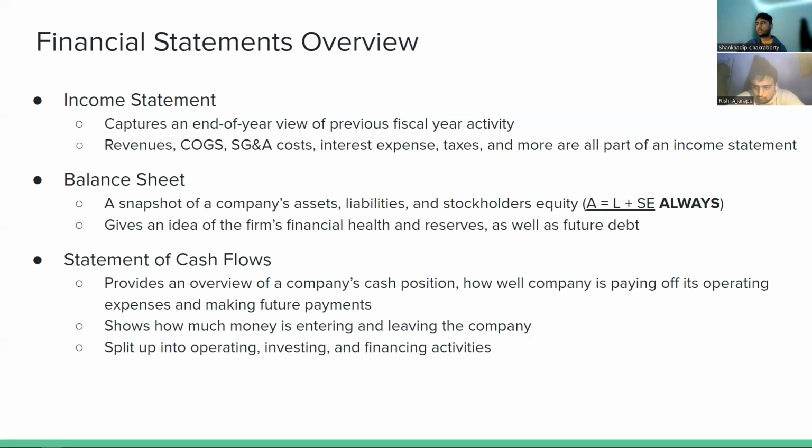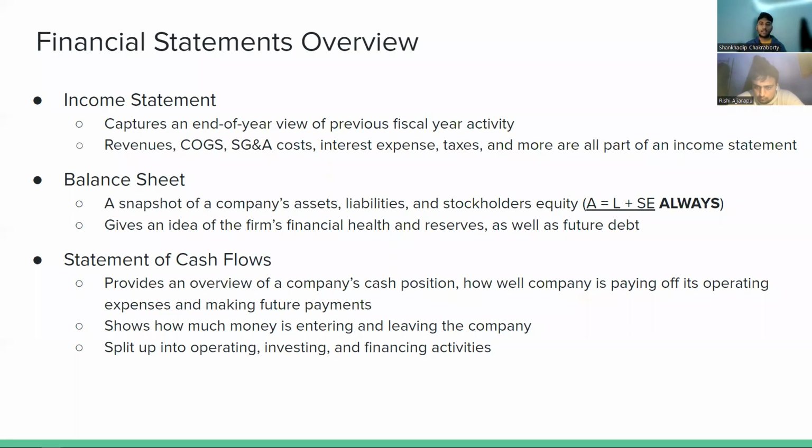Stockholders' equity generally consists of common stock, some preferred stock, if you want to issue preferred stock, and retained earnings. And retained earnings is basically whatever money you have left at any given point in time after a year that you didn't pay out in dividends.